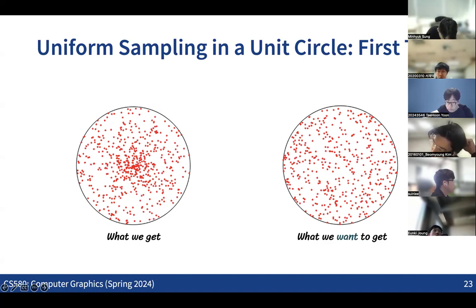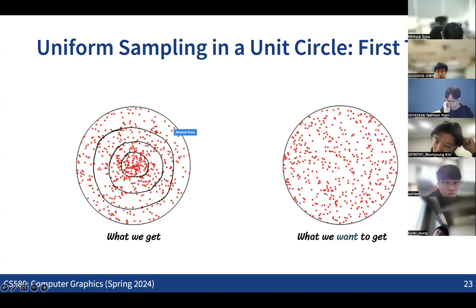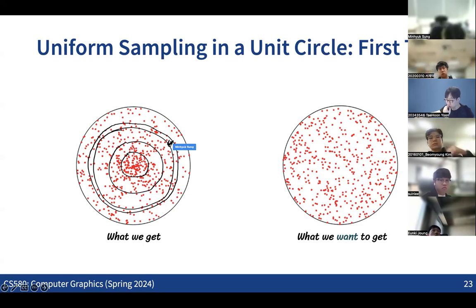The reason we get more concentration at the center is that we are uniformly sampling the radius. Think about a ring, with an infinitesimal width, and it has some area.